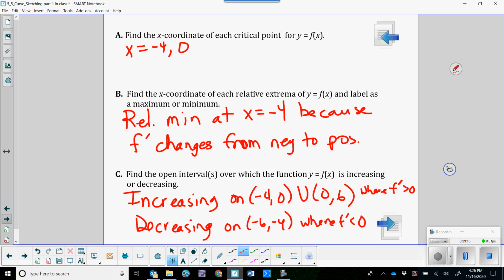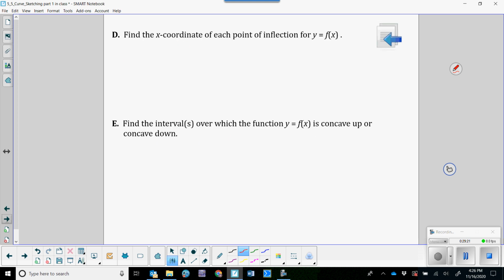Okay, so let's answer those. So x coordinates of each point of inflection we have at 4 and -2, because f prime changes from increasing to decreasing.